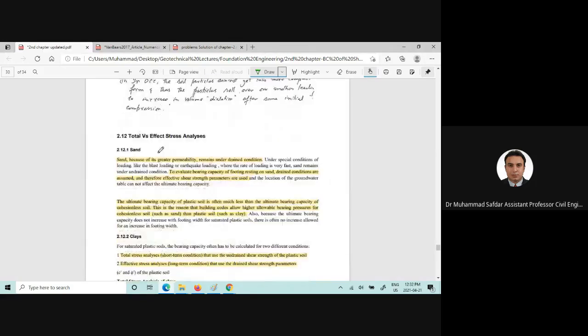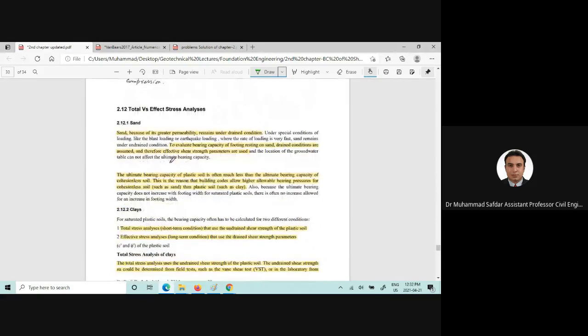Now for sands, we mostly perform the drained analysis.